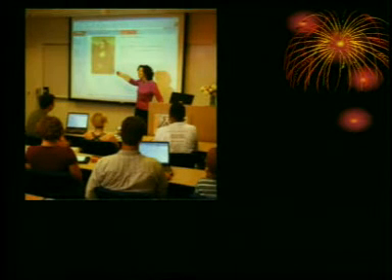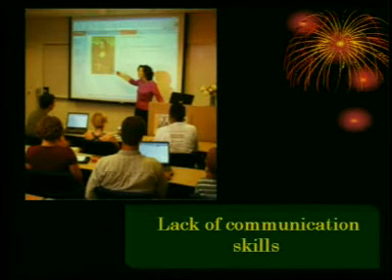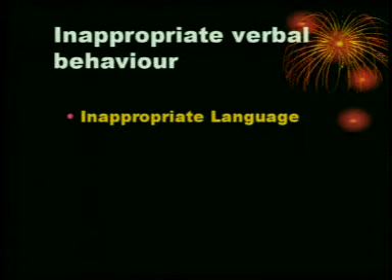The next factor that can act as a barrier is lack of communication skills, both verbal and non-verbal, on the part of the teacher. Now, let's see what kind of inappropriate verbal behavior can act as a barrier in classroom communication. It can be inappropriate use of language.